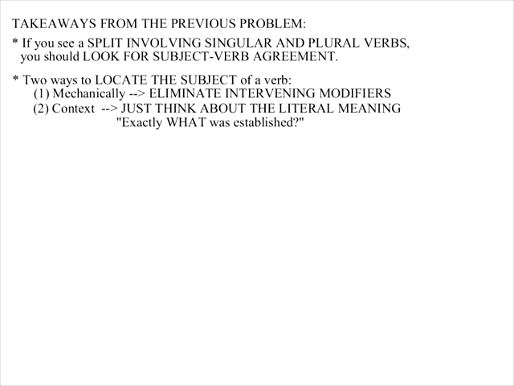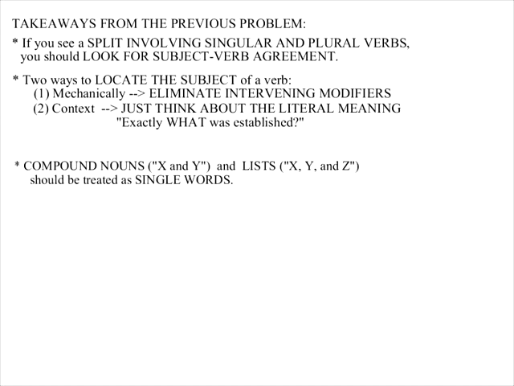So compound nouns, which are X and Y, and lists, which are like X, Y, and Z, should be treated as single words, unless you have some sort of construction such as the latter, or the former, which explicitly splits them.